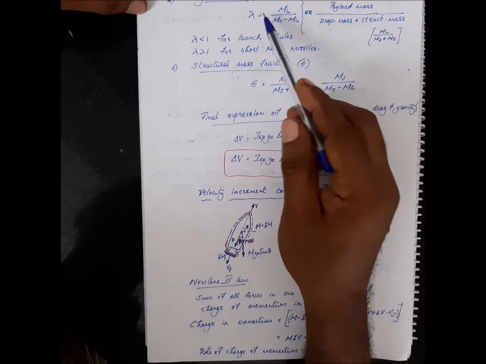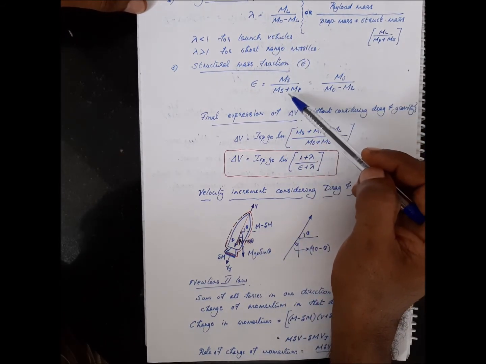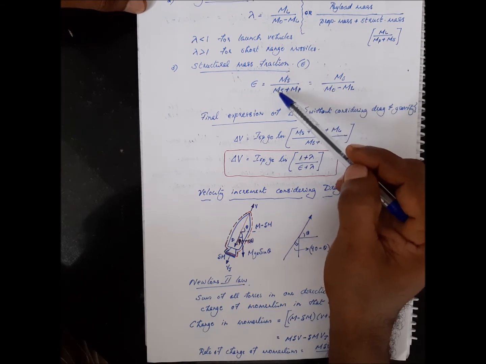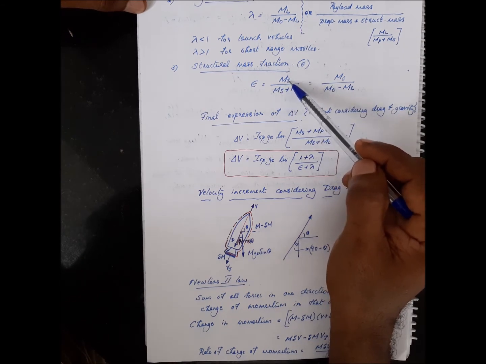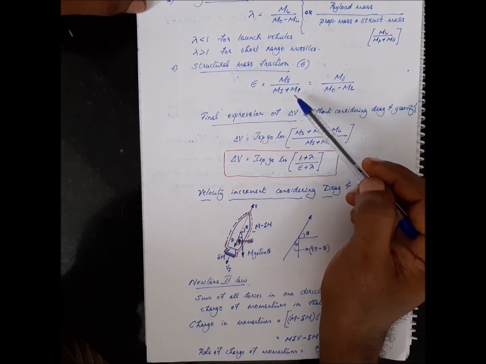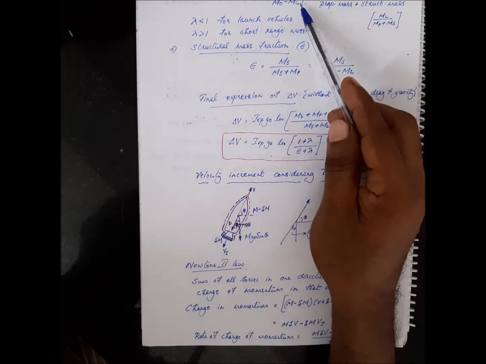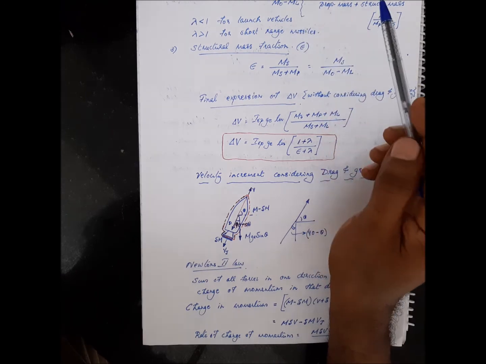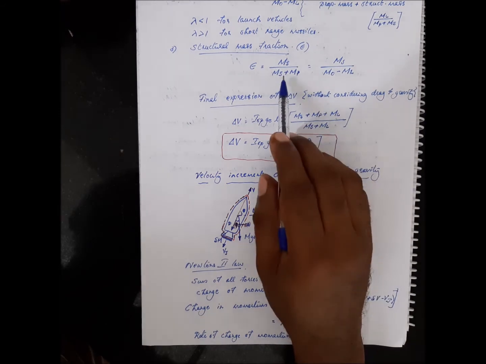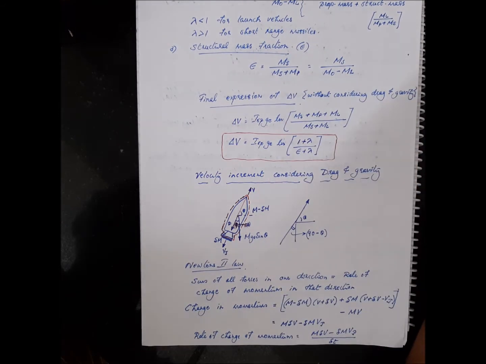Both these are similar, lambda and epsilon. The only difference is in the numerator. In the structural mass fraction you have ms, the structural mass, divided by the structural mass plus the propellant mass, whereas here it is payload mass by propellant mass plus structural mass. So the denominator is the same.